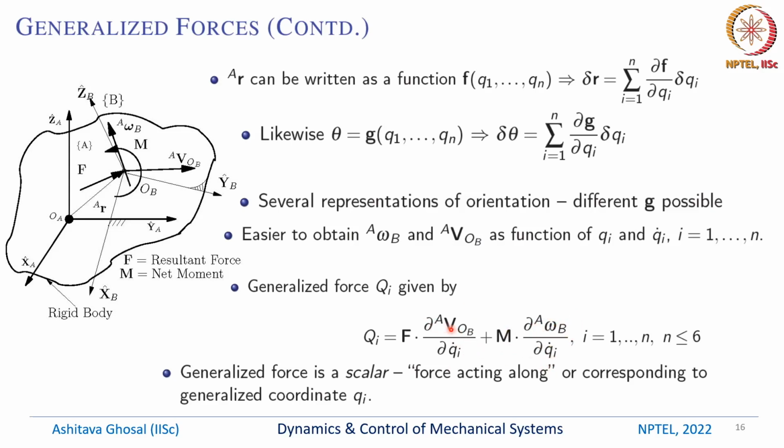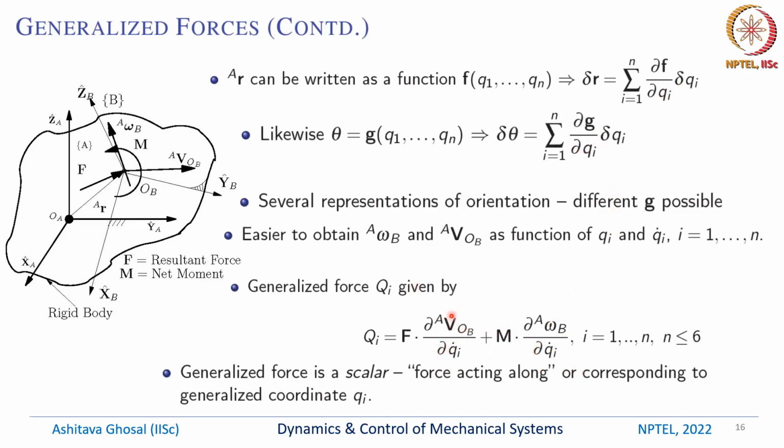Okay, so remember what is velocity? You can think of this as d position by dt, and Q dot is dq by dt. So this is the partial of position with respect to Qi, which is the same as here. The angular velocity part is much easier this way.